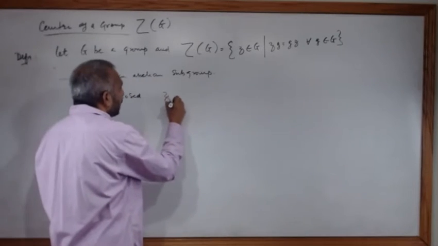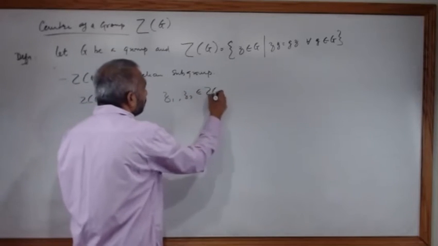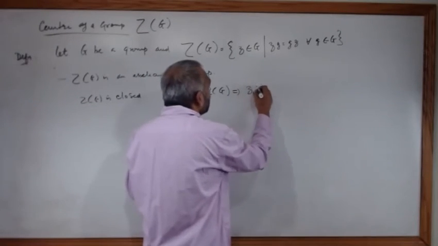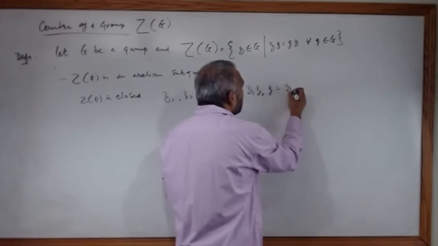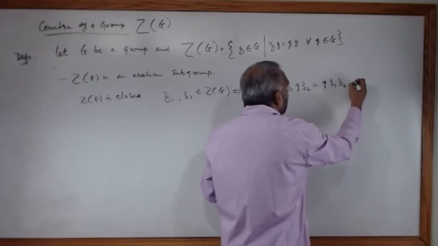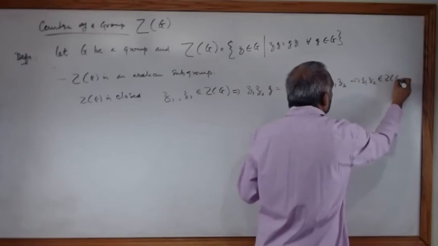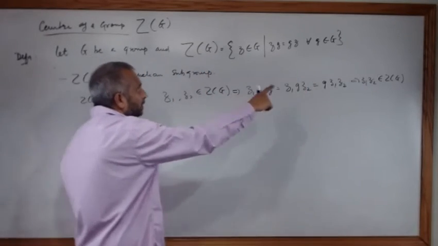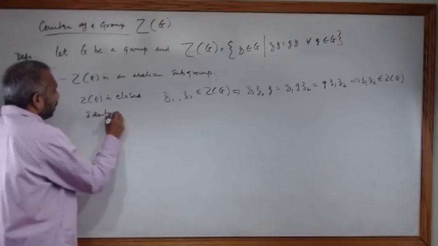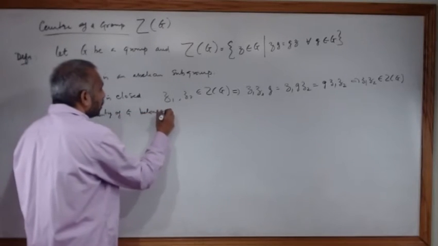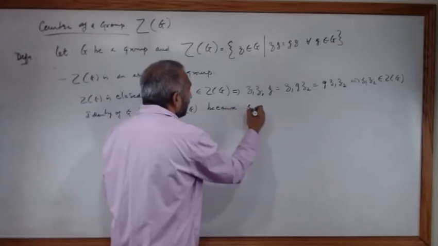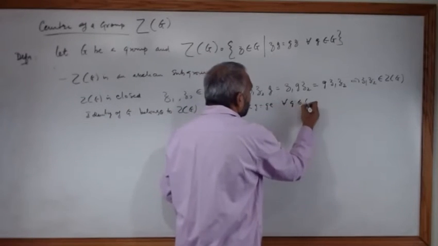That is, z1, z2 belongs to Z of G implies z1 z2 g is equal to z1 g z2 is equal to g z1 z2, which implies z1 z2 belongs to Z of G, and that is the condition for Z of G. Identity of G belongs to Z of G because eg is equal to ge for all g in G.